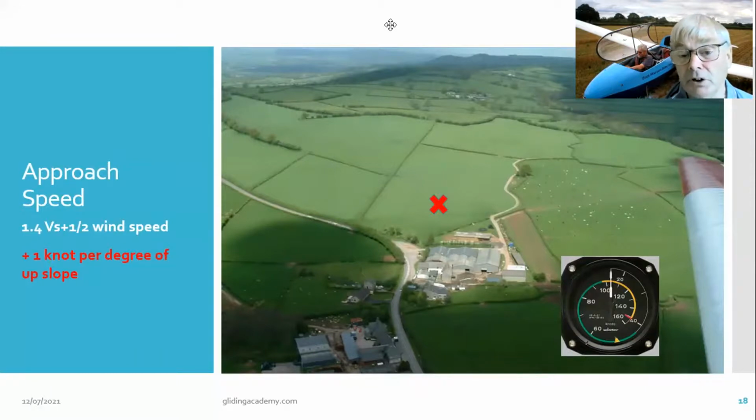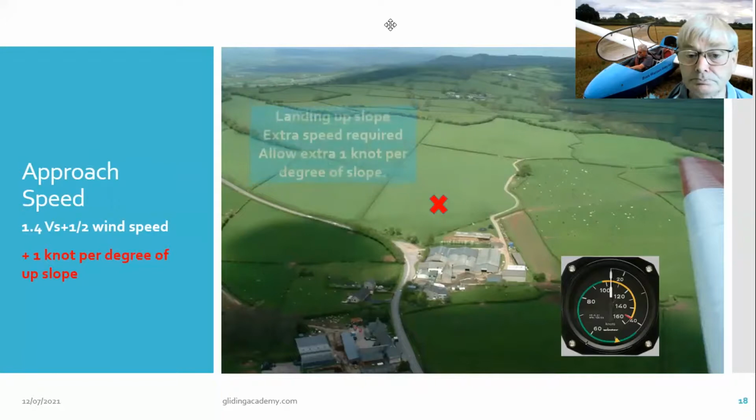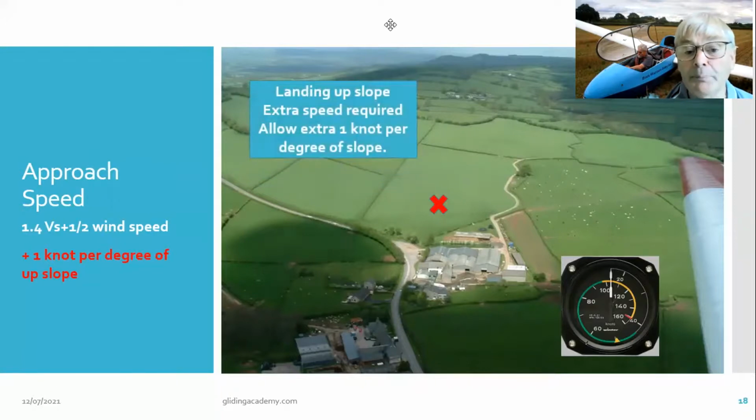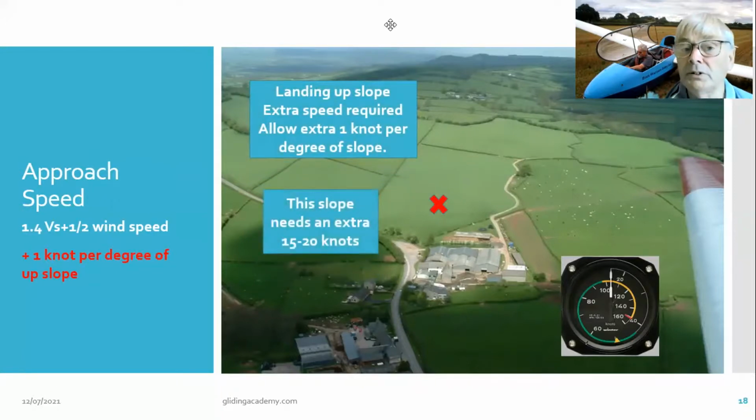Looking at your field as well, you'll have the impression that you're too high, which is another strange feeling. Use the reference point. If it's going up in your field of view, you're undershooting it. If it's going down in your field of view, you're overshooting it. And that's all that should matter to you on the approach. So, landing up a slope, 1 knot per degree of slope.